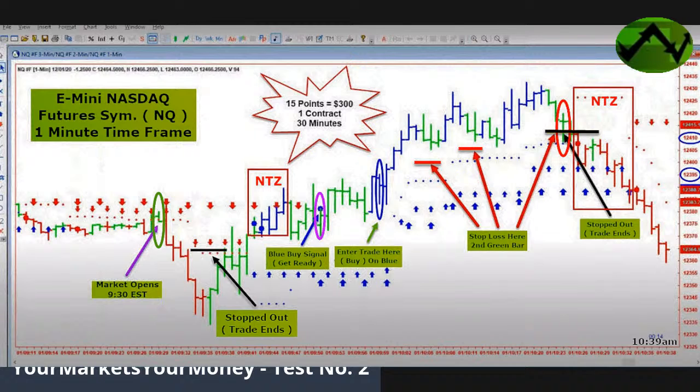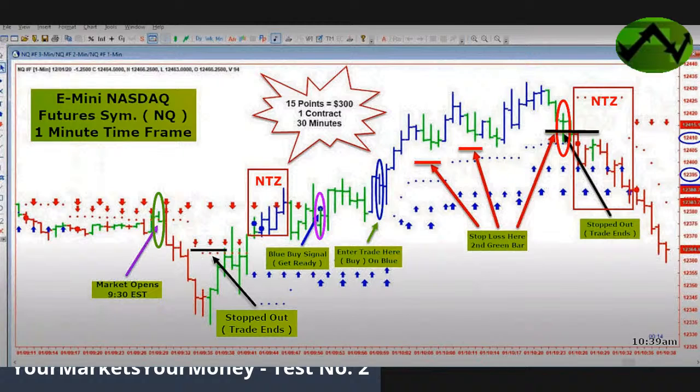You move your stop loss up a little bit. And you can see where this trade ends is about right here. You get stopped out.